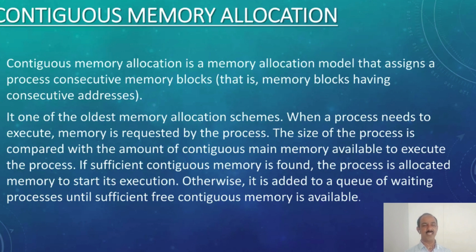When a process needs to execute, the size of the process is compared with the amount of continuous memory available to execute it. If there is sufficient continuous memory, the process is allocated memory to start execution. Otherwise, it is added to a queue of waiting processes until sufficient free continuous memory is available. So it's called continuous memory.